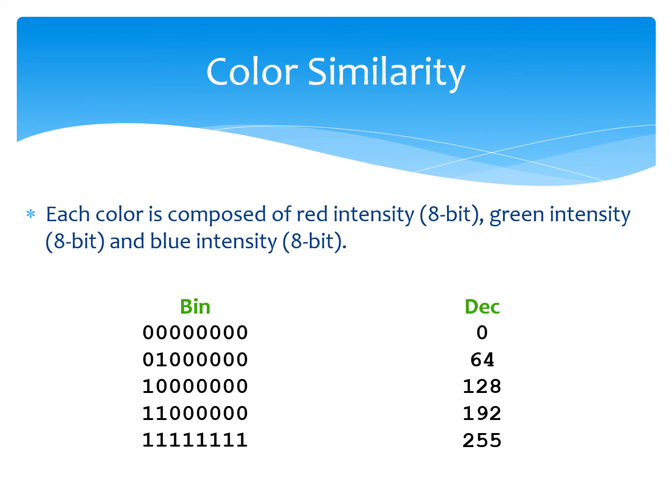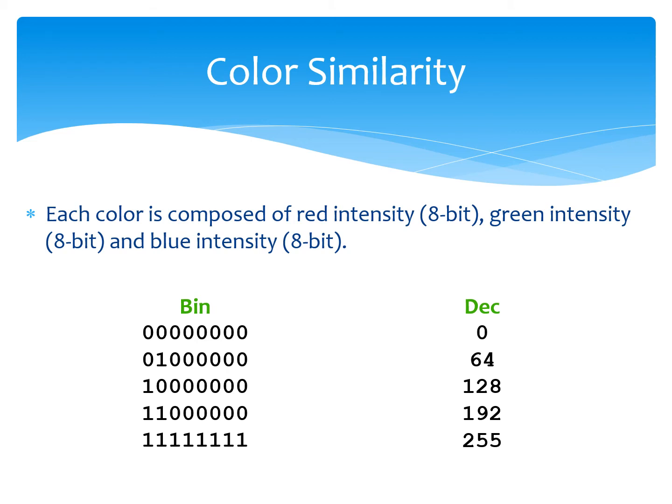As you can observe from the example, when the least significant bit is changed from 0 to 1, the intensity level increases by 1. It would be pretty difficult for the eye to see the slight difference. Instead, if we change the most significant bit from 0 to 1, the intensity level increases to 128.